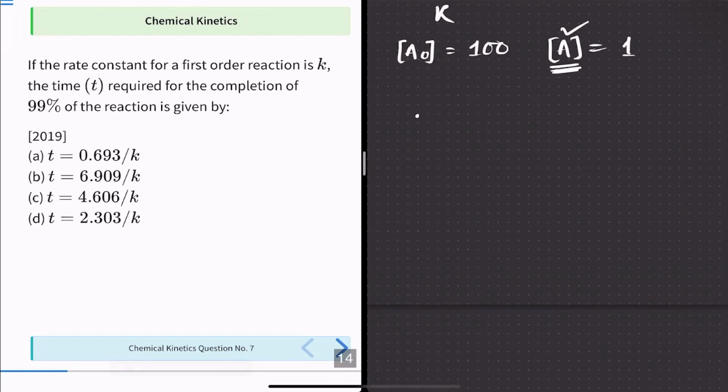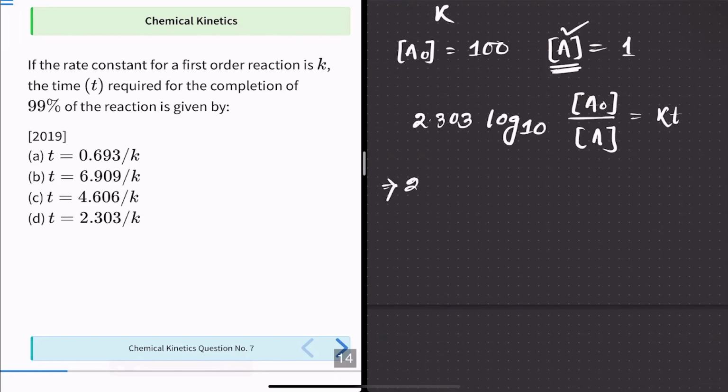What's the formula? 2.303 log 10 A naught divided by A equals KT. 2.303 log 10, A naught is 100, A is 1, equals KT.